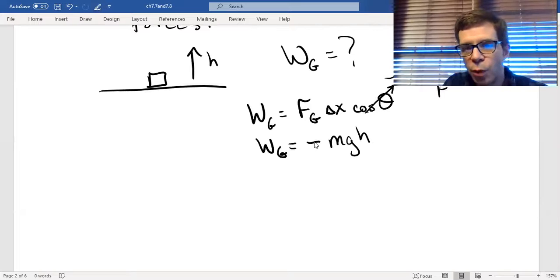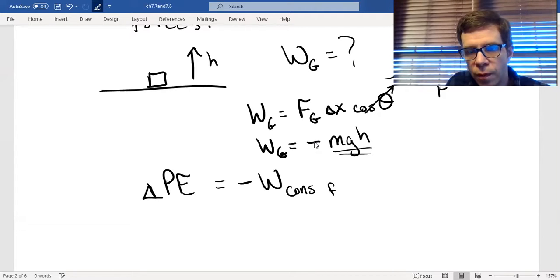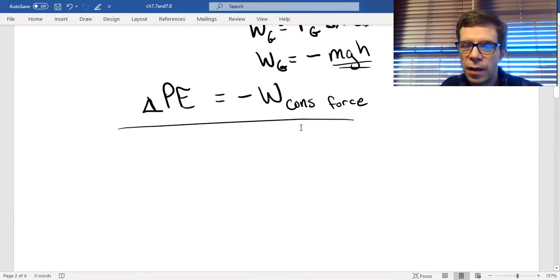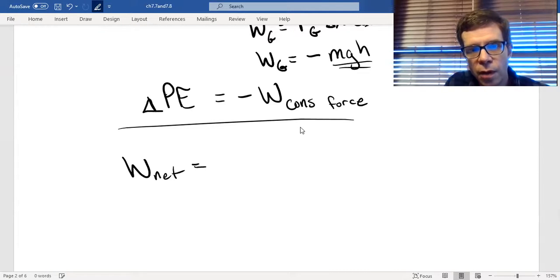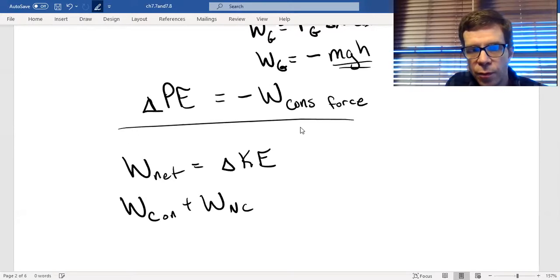All right, if you'll recall from when we were talking about potential energy, we said that potential energy was mgh, and that's not a coincidence. The change in potential energy is equal to minus the work done by a conservative force. This fits in nicely with our work kinetic energy theorem because we can now take our net work equal to the change in kinetic energy, and we can break that up into work by conservative forces plus the work by non-conservative forces.